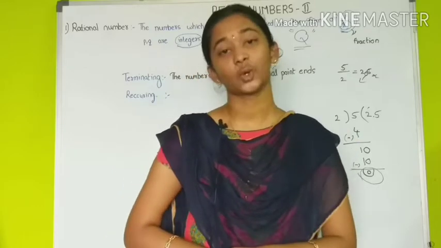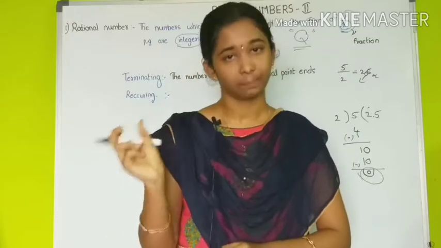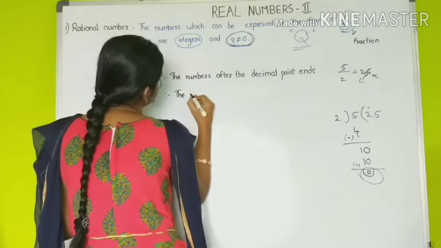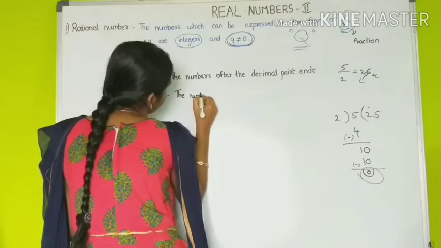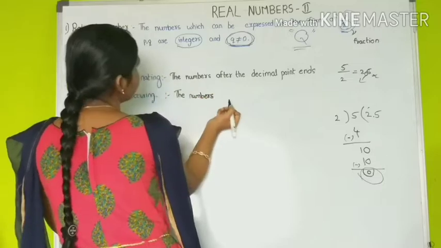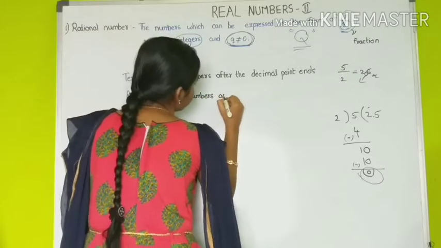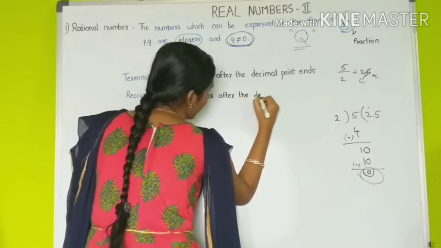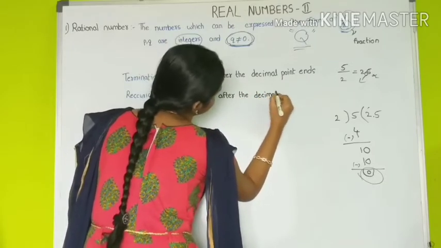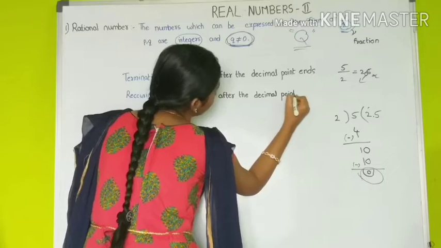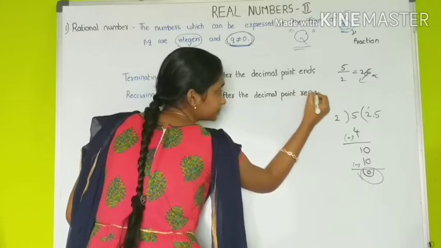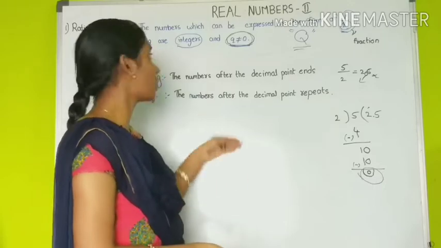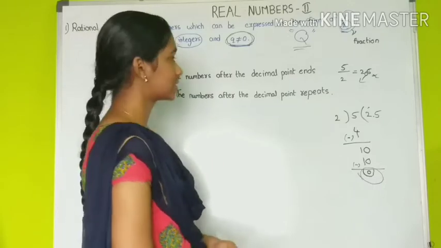Recurring means repeating. These types of decimals are called recurring decimals, and they also comprise rational numbers.